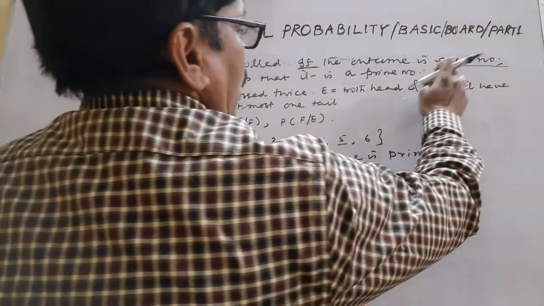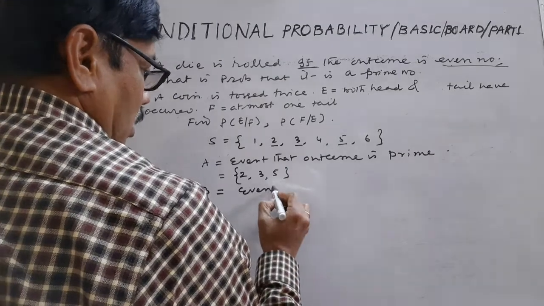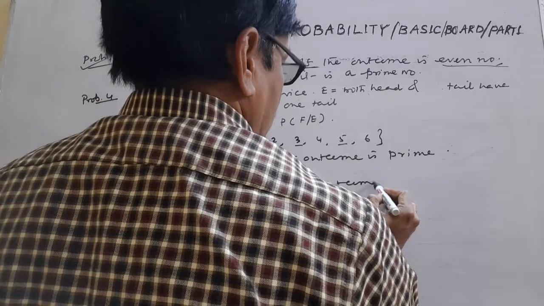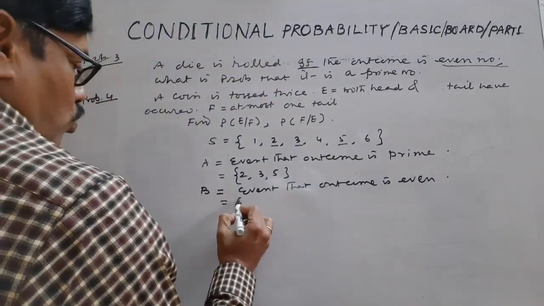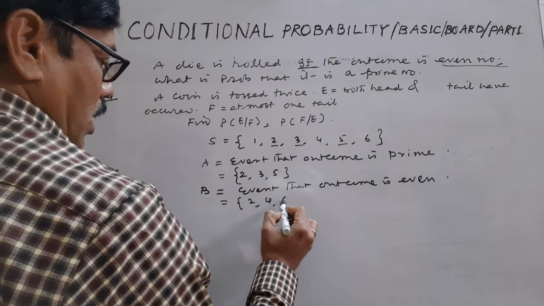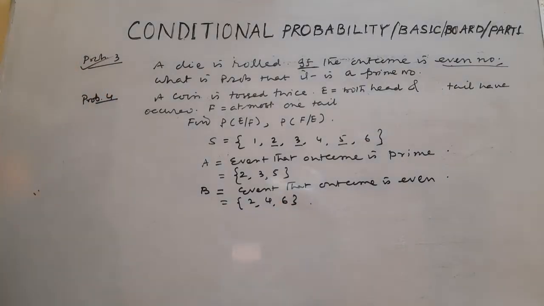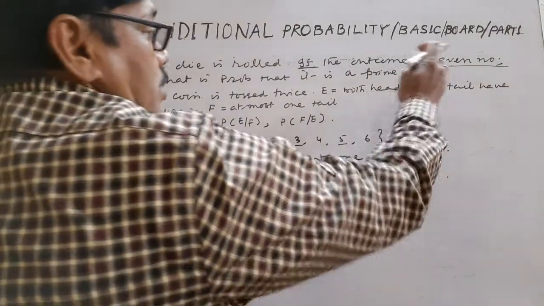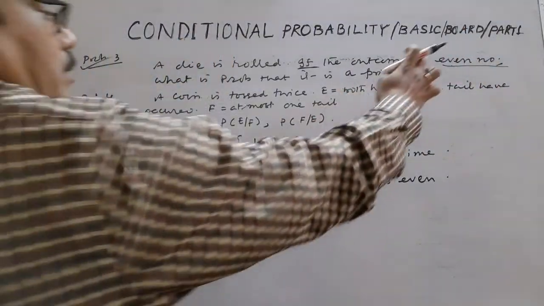B is the event that the outcome is even. It is given that the outcome is even. So 2, 4 and 6. Now it is given that the outcome is an even number.